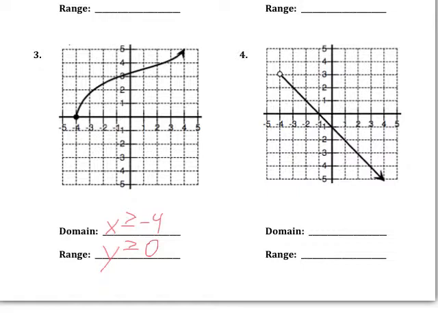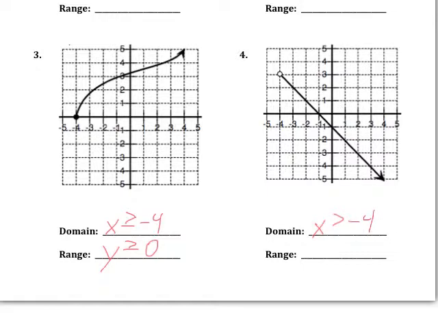Number four, again we have this open circle situation. Remember that really means that the graph isn't there. It gets close to that point, so it's not included in the graph. So the domain is all x numbers just greater than, and notice this line goes to the right, so that's all numbers bigger than -4.